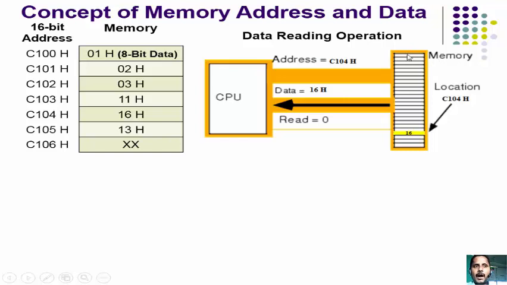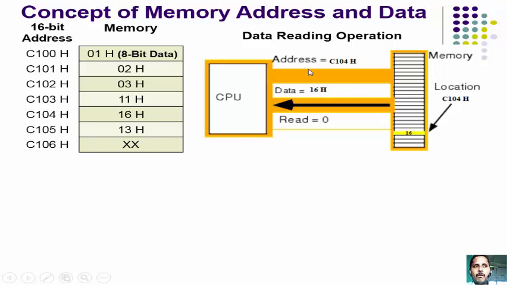In the memory at location C104, 16 is stored, and suppose the CPU is going to read the data available in the memory with the help of address lines and data lines. So the CPU will identify, with the help of address lines, that is C104, and read the data from the memory.